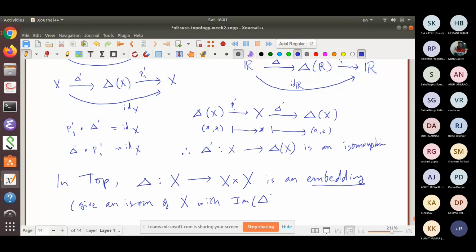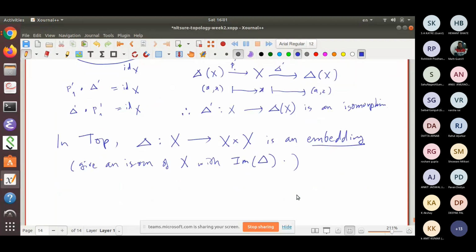And this argument will work in any category where image is an appropriate object with appropriate properties formulated appropriately. So let's not go into that generality.